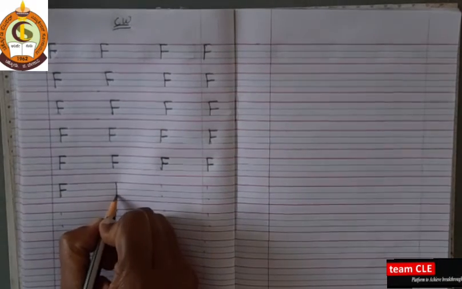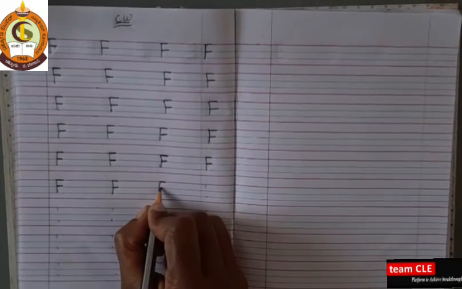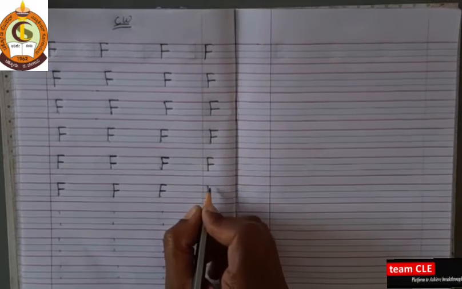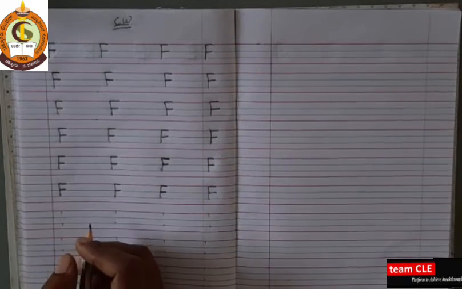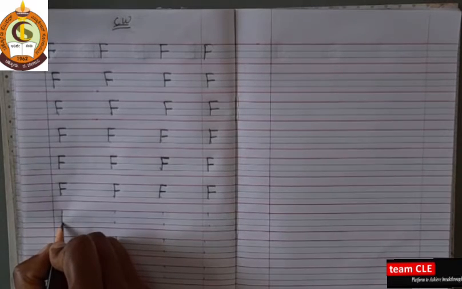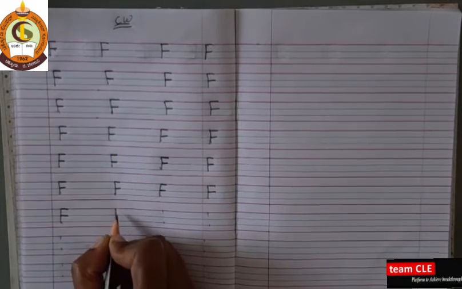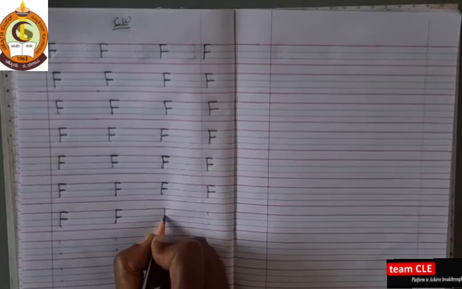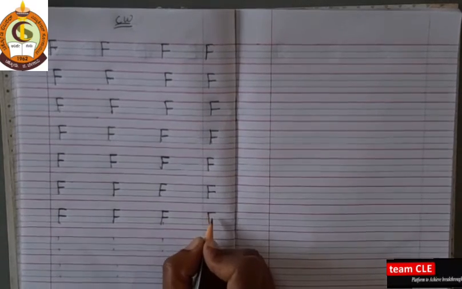Same you have to copy it. F for fish. F for flower. F for frog. F for fan. Standing line and two sleeping lines. Again, F for frog. F for flower. F for fish.